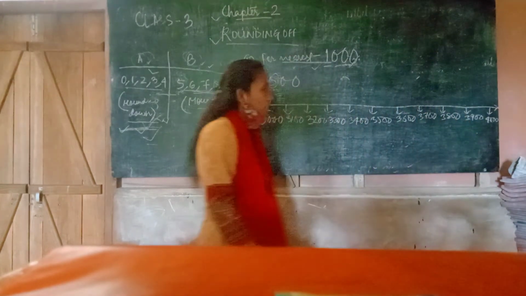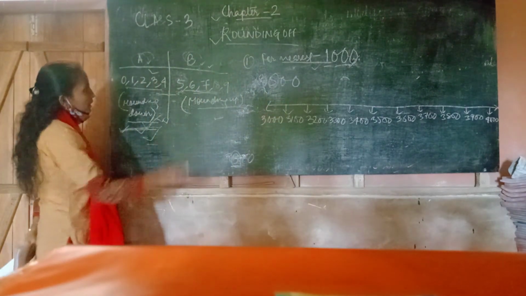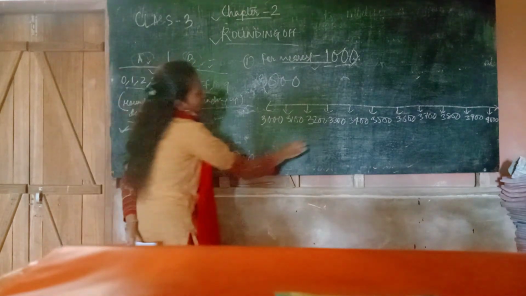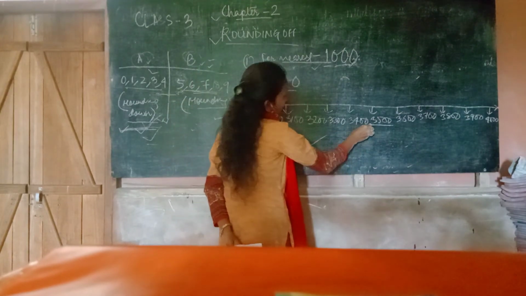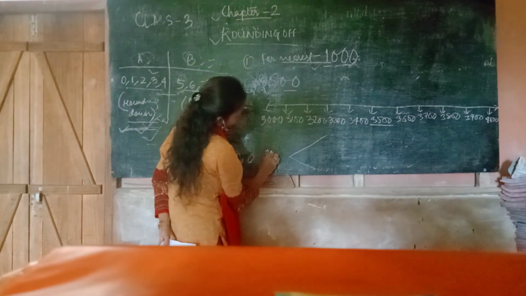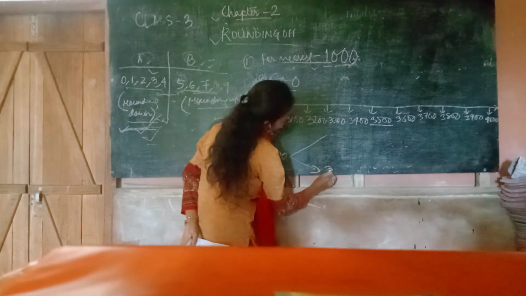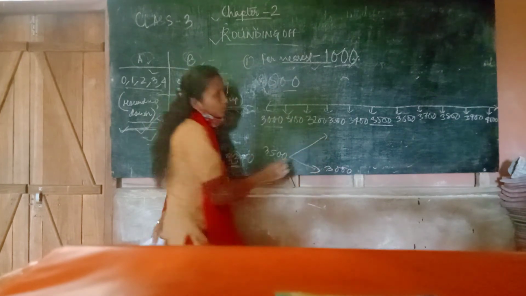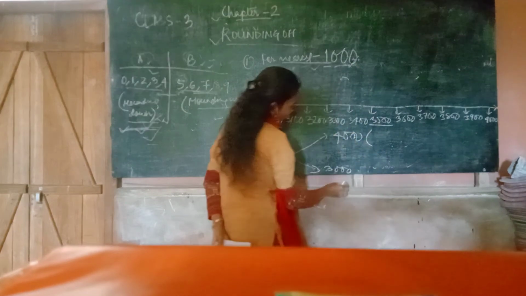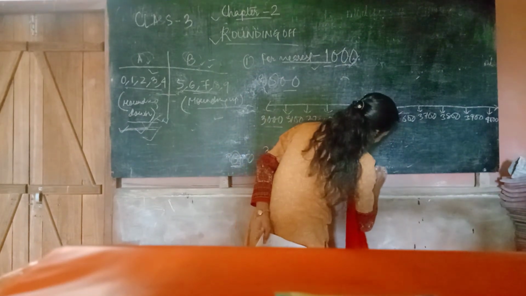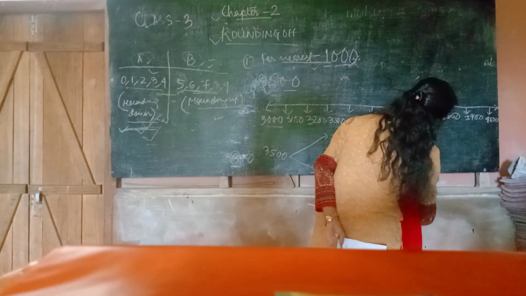Okay, so the digit in the hundreds place is 5, meaning column B, that is rounding up. For 3500, the lowest number is 3000 and the highest number is 4000. The lowest number is rounding down and the highest number is rounding up.